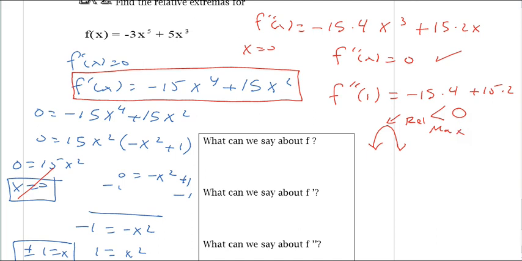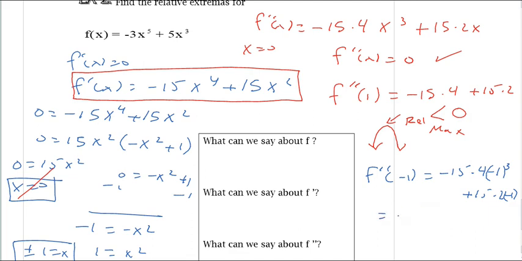Okay, let's plug in the last one. Let me grab Mr. Blue. F double prime of negative 1 is equal to, okay, plug in the second derivative. Here you would get a negative 15 times 4, and negative 1 cubed is just still going to be a negative 1, plus 15 times 2 times negative 1.